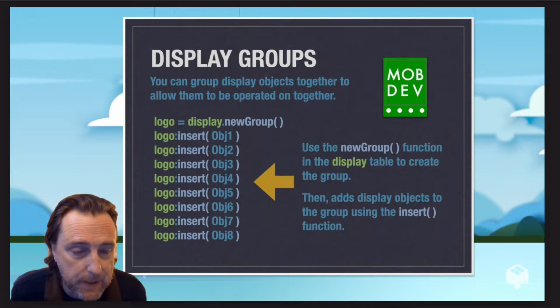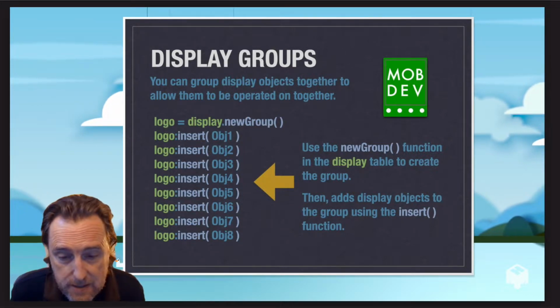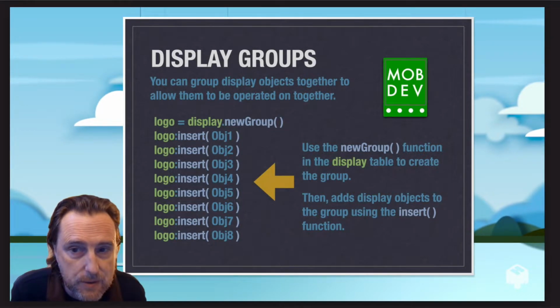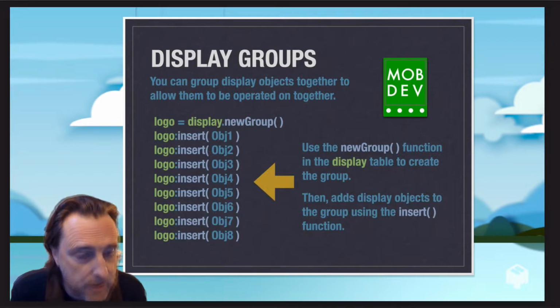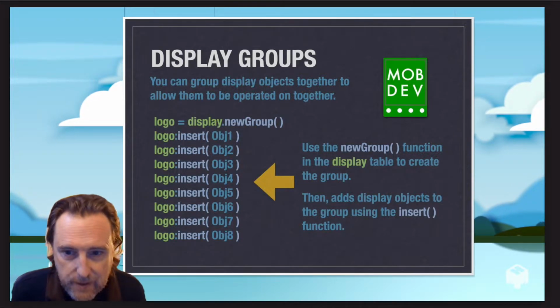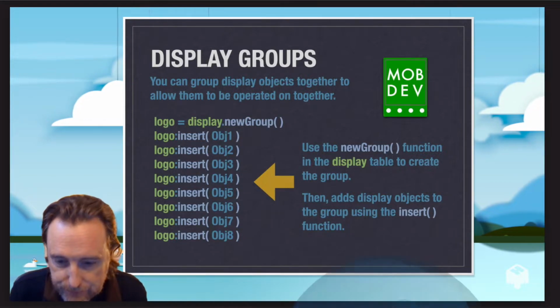So we could do something like, move it or fade it out or fade it in. Almost whatever we wanted to do with it on screen, we can do with it now by a single reference to the display group logo or whatever you called it. So it makes working with these sorts of things that we draw quite a bit easier.